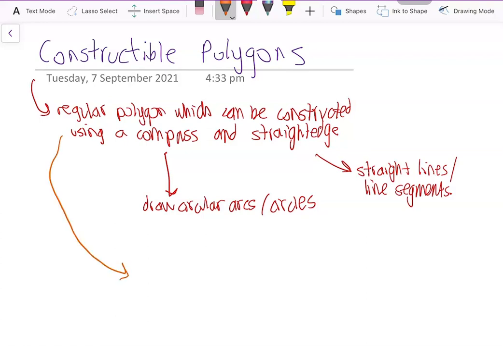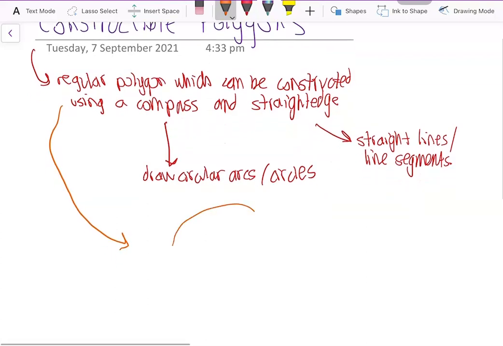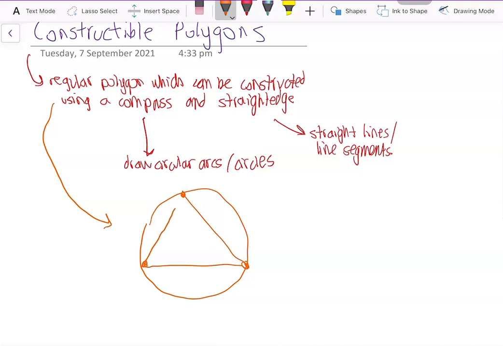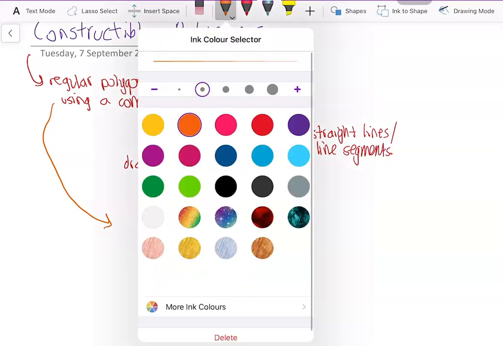The simplest regular polygon is a triangle, which only has 3 sides. It turns out it is not too difficult to use the compass and the straightedge to construct an equilateral triangle. If you haven't seen how to do it already, you could have a go yourself.